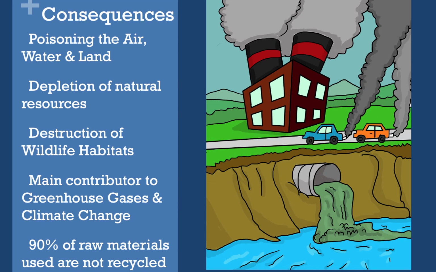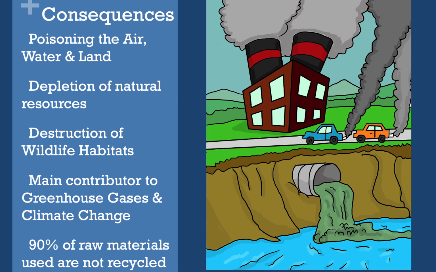The United Nations has now recognized this economic model of consumerism as unsustainable, for it is contributing to high levels of pollution, a serious depletion of natural resources and habitats, using materials that are not recyclable, and playing a major role in greenhouse gas emissions and climate change.